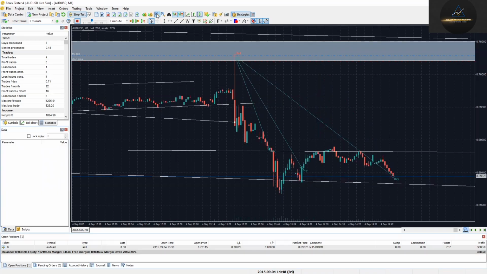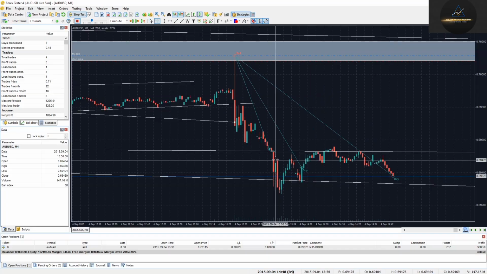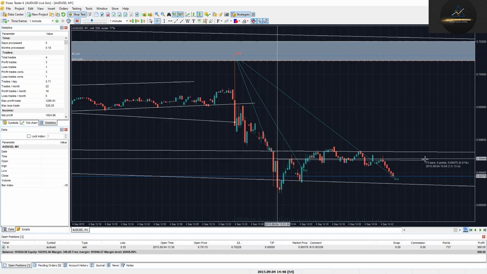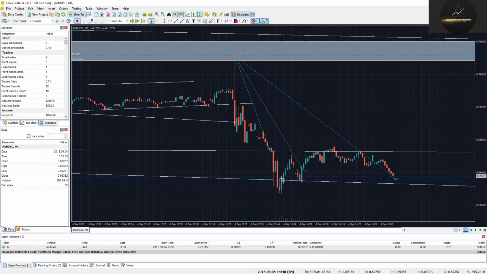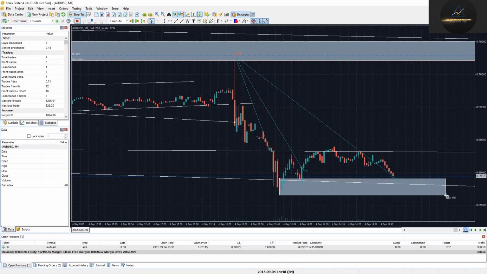Okay, so we're on the M1 right now. So what was the block that was responsible for this breaker structure here? It was this one, wasn't it? Right here. And how many pips is that?